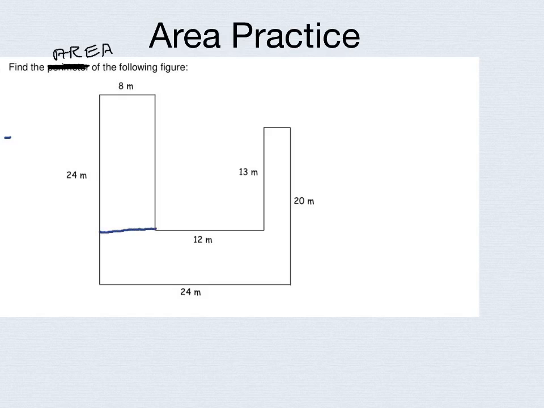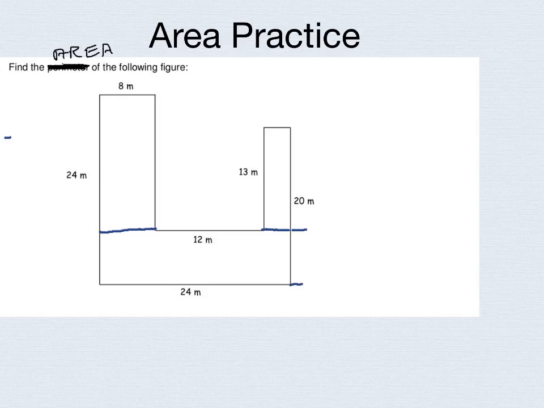Say I cut it here and here, I would have to be able to know the dimensions of all the sides. I have to find all the missing lengths here. So first of all, I need to know the distance from here down to here.